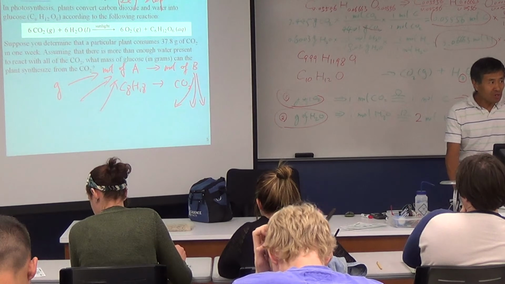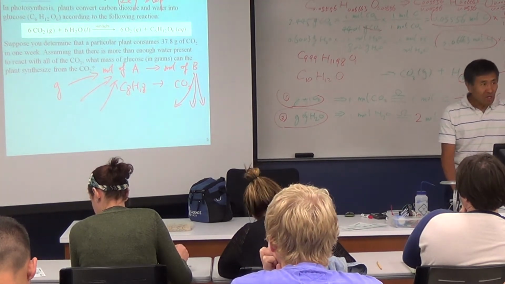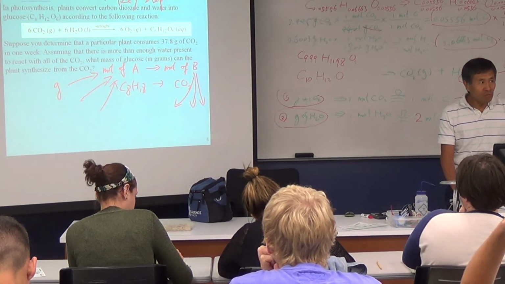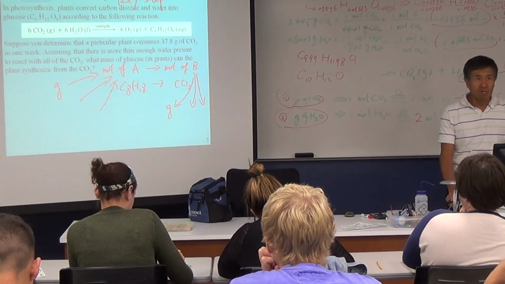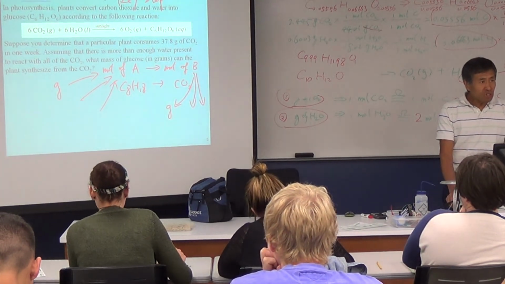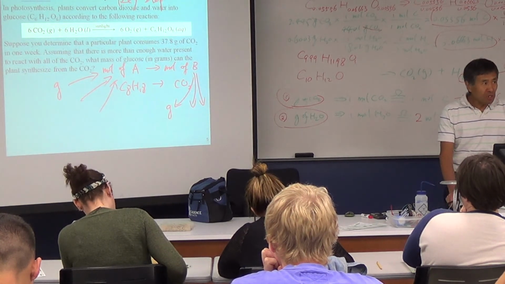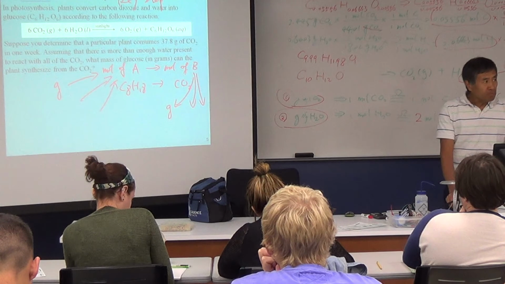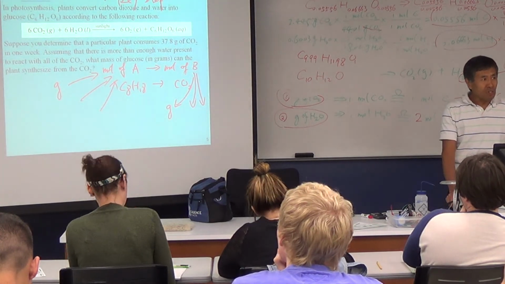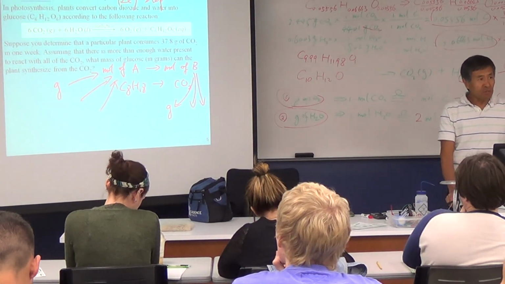And so far, what we learned once we have moles of B to get other information about B is to get grams. As you learn more chapters, you will have other ways to get moles of A, and once you get moles of B, you can get other information about B.